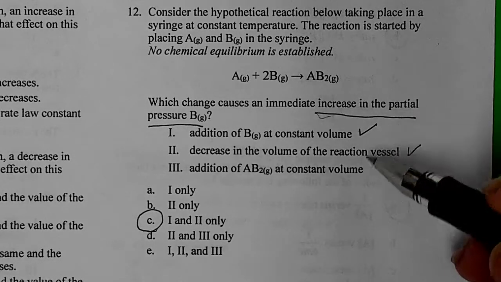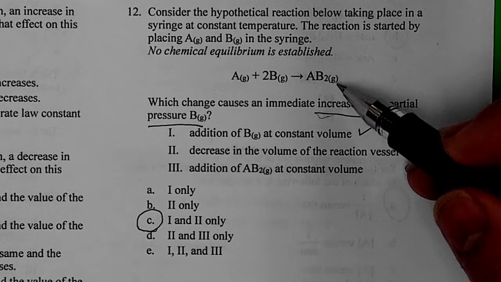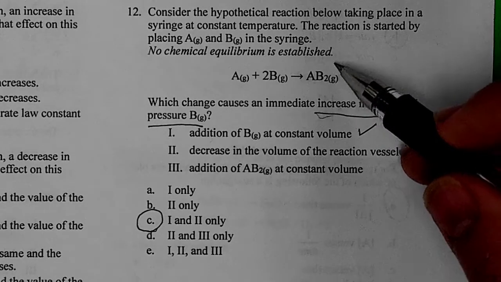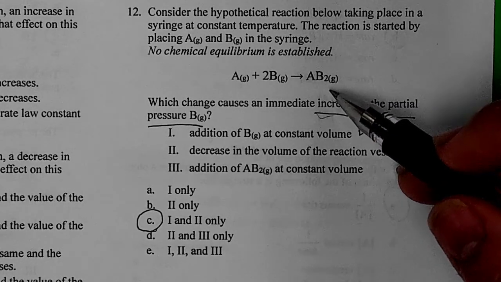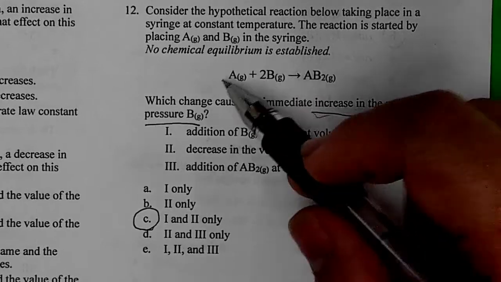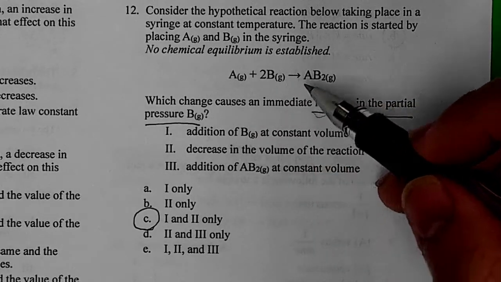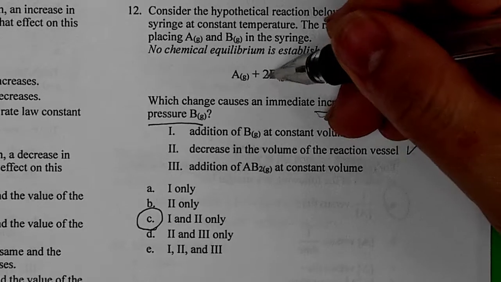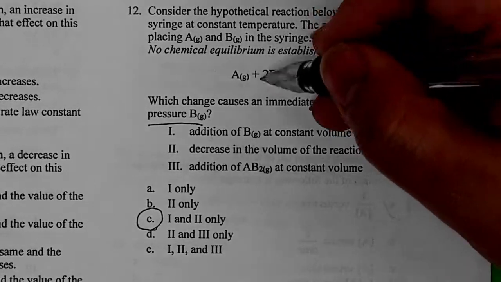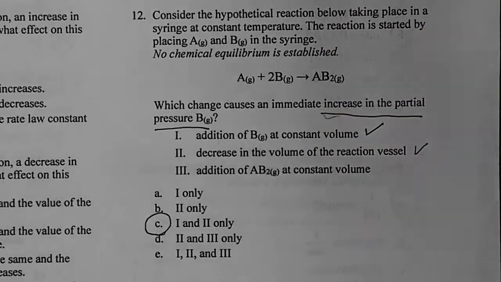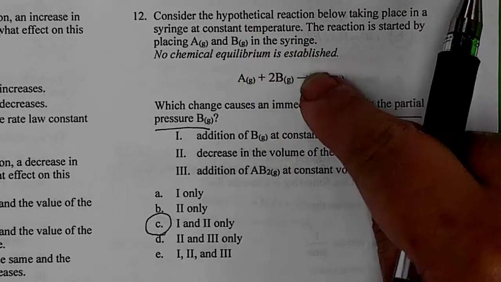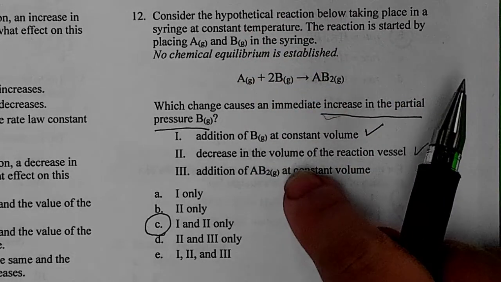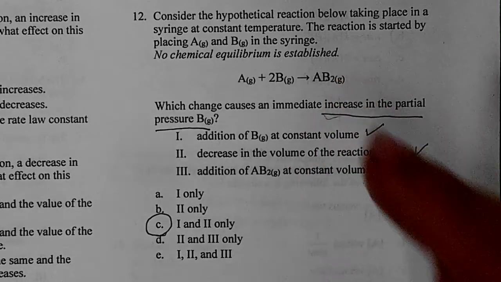Adding AB is not going to do it. If this were an equilibrium equation, then it might work, because adding this would make more of that, and therefore it would increase. But this is not equilibrium. This is just one line. Therefore, adding product will do nothing to the B.